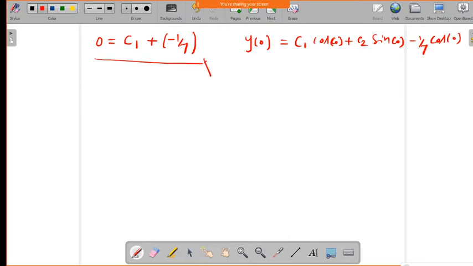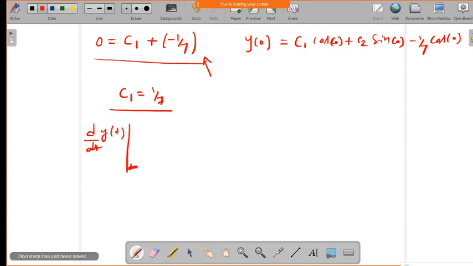So, that will give the equation C1 equal to 1 by 7. Okay. So, similarly, you can find out what is the value of C2, by putting the d by dt, the differentiation. So, just take d by dt of y of t at t equal to 0, that is also 0.